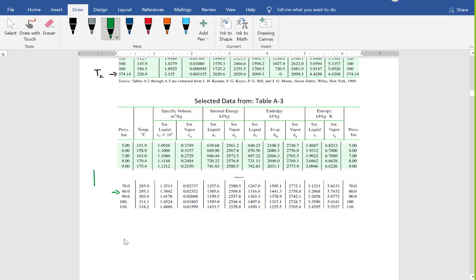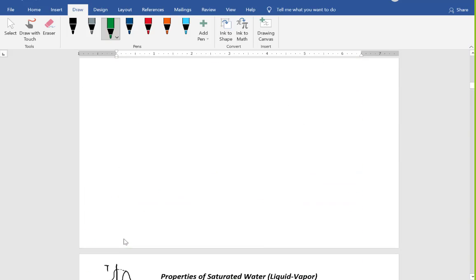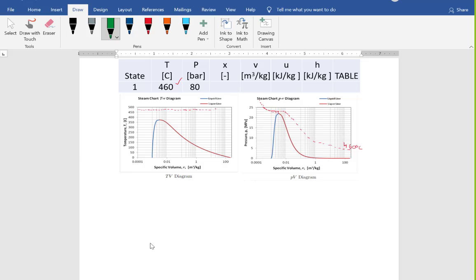So if this is a PV diagram, and here's my vapor dome, this is going to go through the vapor dome. Maybe it's closer to the top than that because we're getting close to the highest number here. But it means that it is going to go through the vapor dome. So here, my constant pressure line, this is in megapascals.